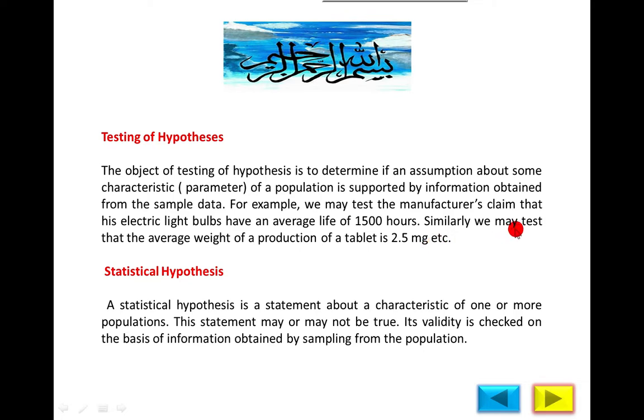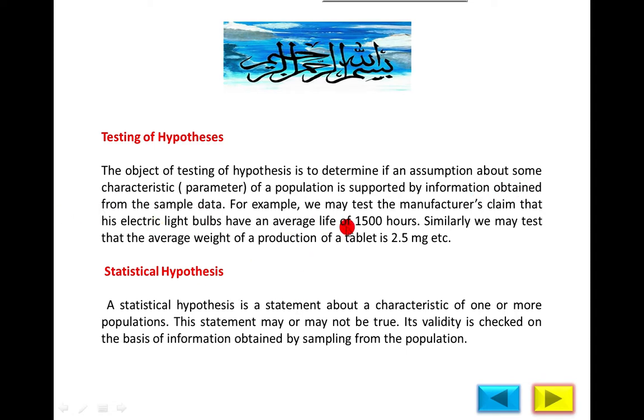The production may be large, may be small, but we test with the help of sample data of the population. This is the purpose of the testing of hypothesis.